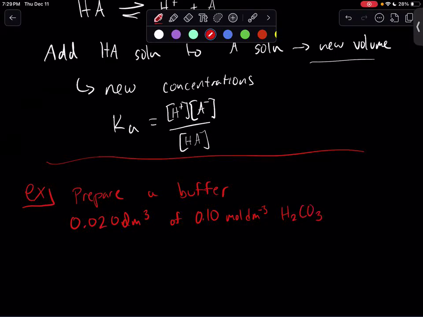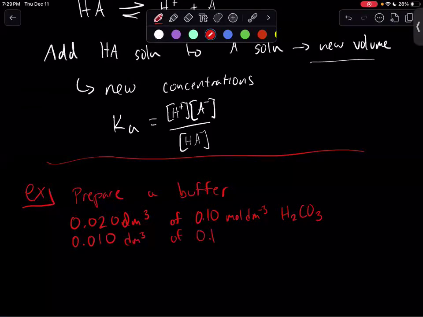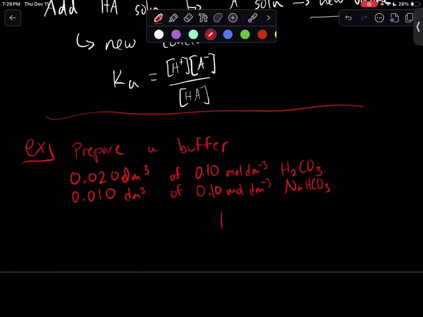We are going to add that to 0.010 decimeters cubed, so 10 milliliters, of a same concentration salt of carbonic acid. In this case, we'll say sodium bicarbonate or sodium hydrogen carbonate, baking soda. We know from our given that the Ka for carbonic acid is 4.47 times 10 to the minus 7th.